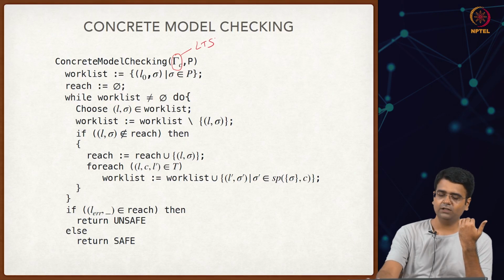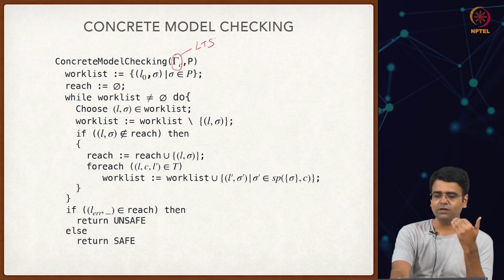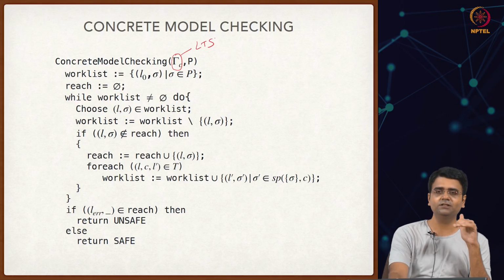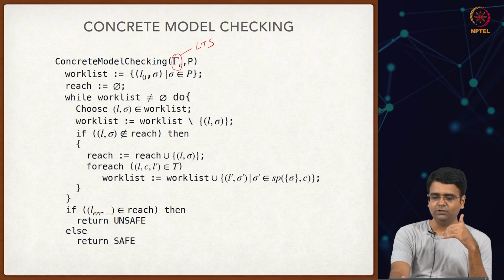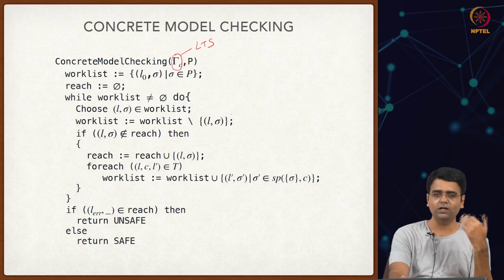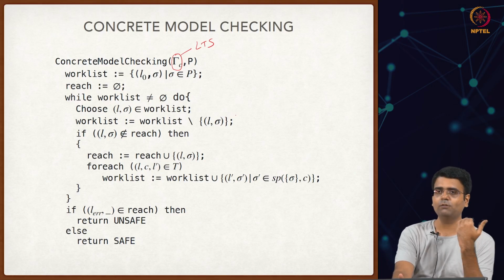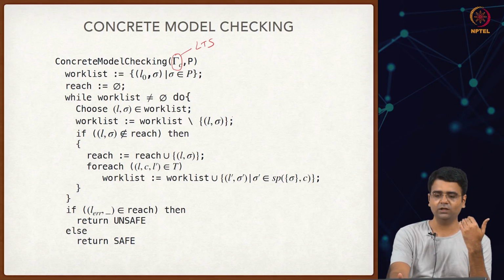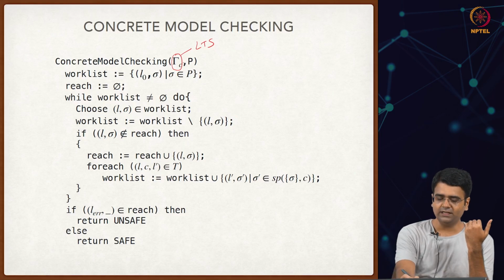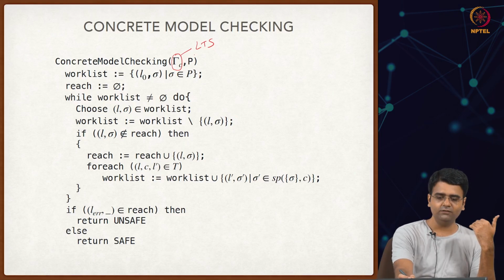Here also we will assume that the program is specified in the form of a labeled transition system, where you have a set of locations, program locations, a start location, an end location, and transitions among these locations, which are labeled by the program statements. That is the format in which the program is taken as input by the algorithm.